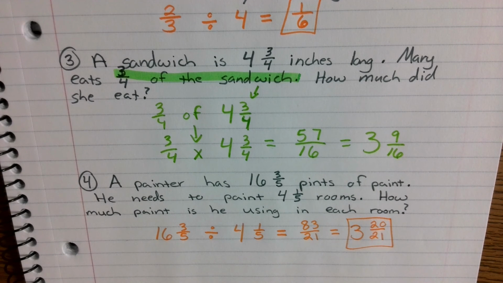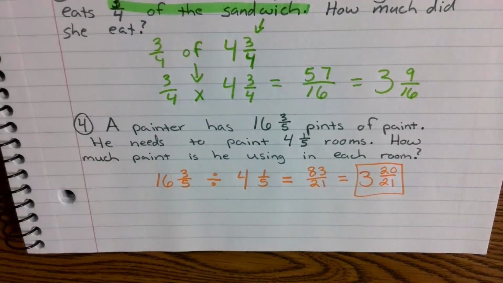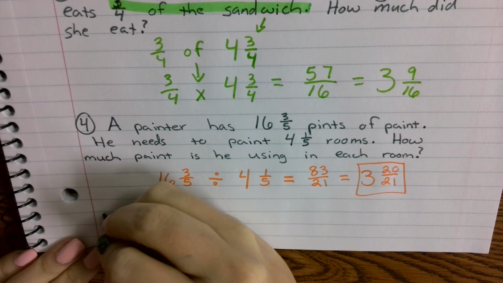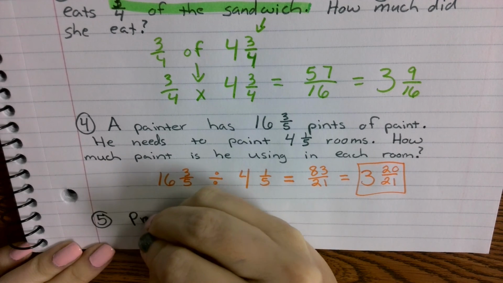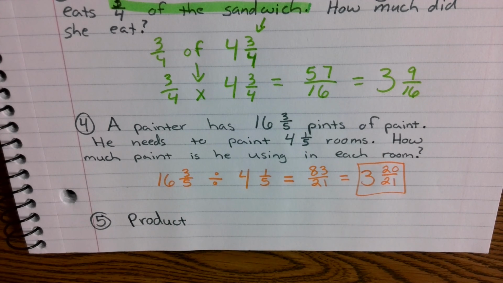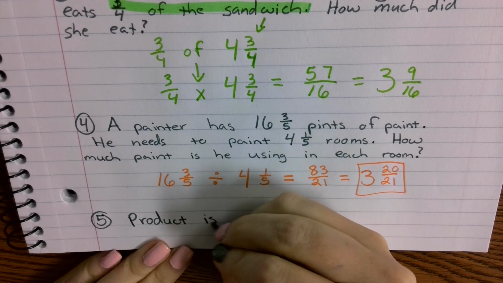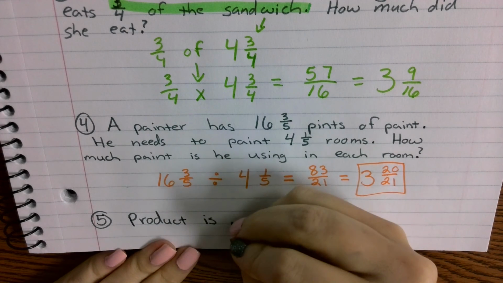Now just a couple of other things that I want to put down here at the bottom as reminders. Who can tell us what does the word product mean? What operation is product? Multiplication. Product is multiplication.